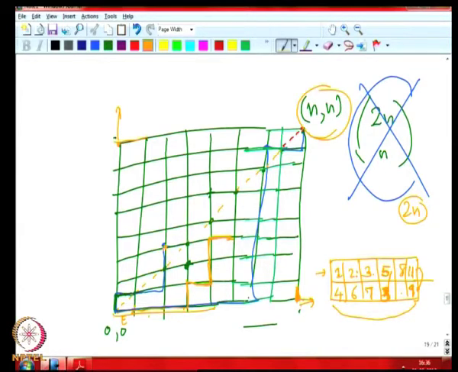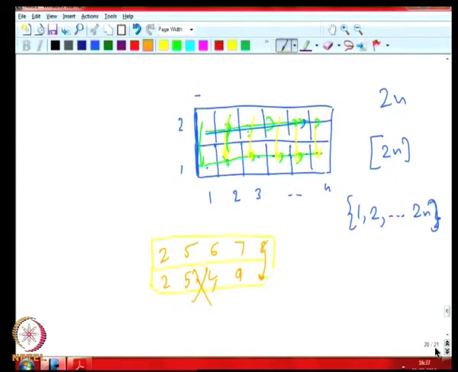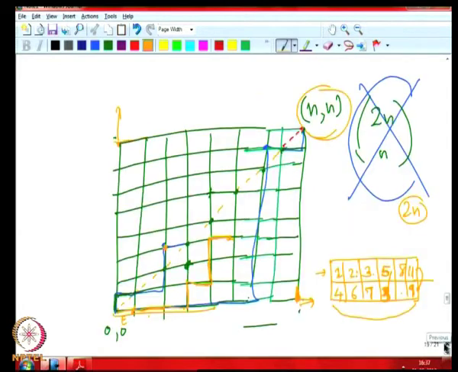So, that is why that increase cannot happen. So, what we see is that the Young tableau comes, because the two properties of the Young tableau have indeed happened. That means the rows are increasing and the columns are also increasing.